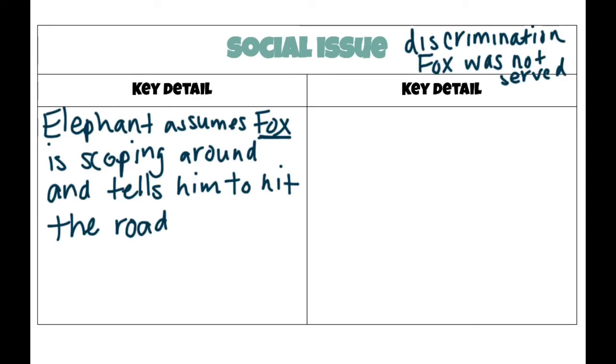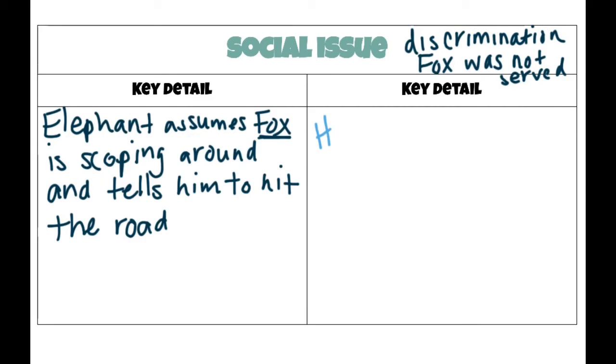So another key detail on this was, think about what he said to him when Fox tried to get the pop.